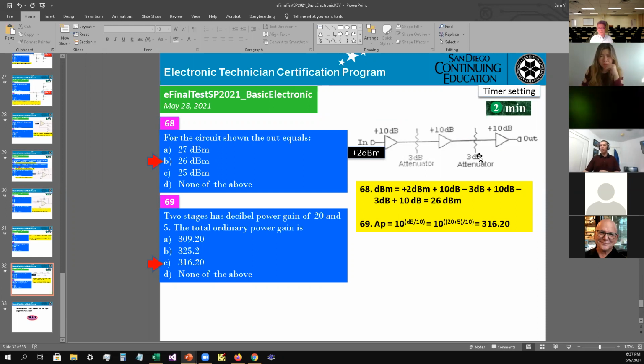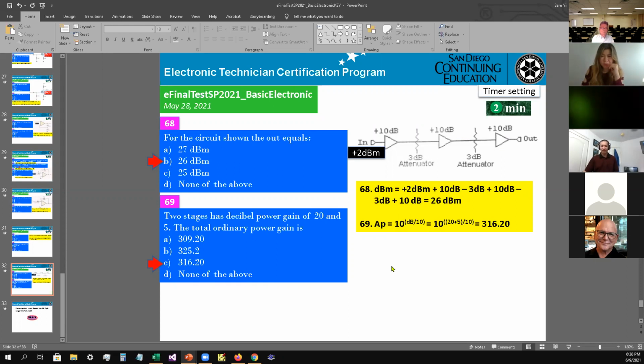Minus the 3, that would be 16. Then plus the 10 will be 26. So that 26 will go out. So 26 dBm. So the answer is B as in Bob for number 68.